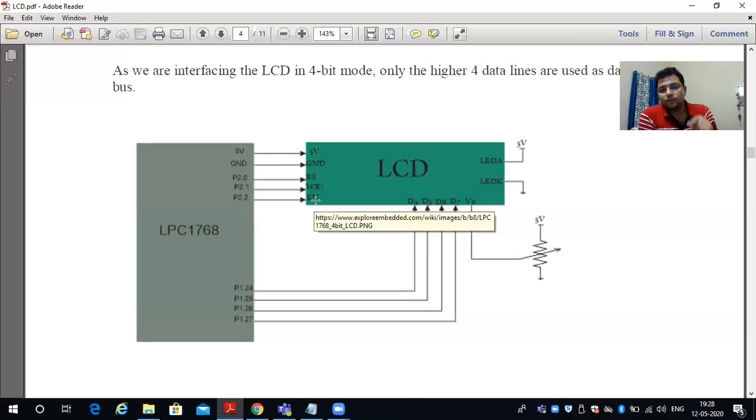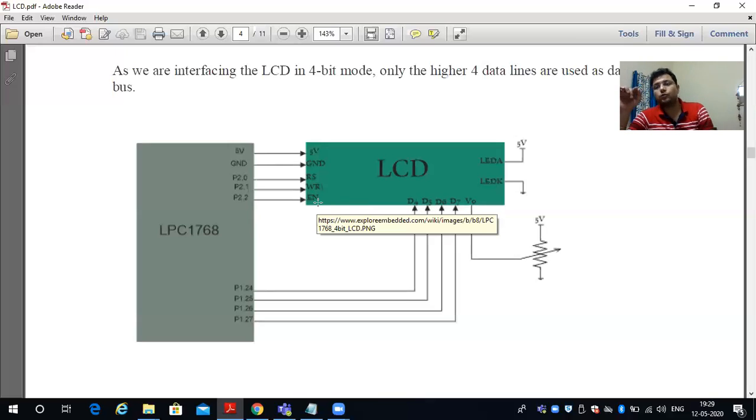When it goes low, only then whatever the data is would be latched to the LCD circuit, and then the LCD would interpret it, convert it into its 5x7 equivalent pixel configuration and format and display it. Likewise, if it is a command, then it interprets and executes the command. That operation will happen once we make enable 1, keep it 1 for a while, and then make it 0. And these are the data lines.